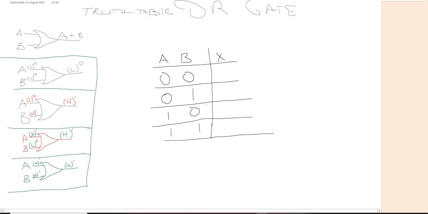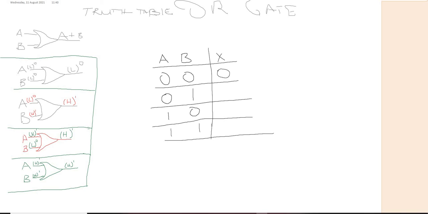The output of 0 0 would be 0. And then the output of 0 and 1 would be what?